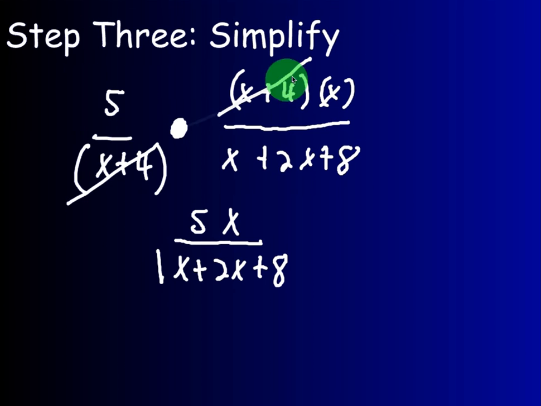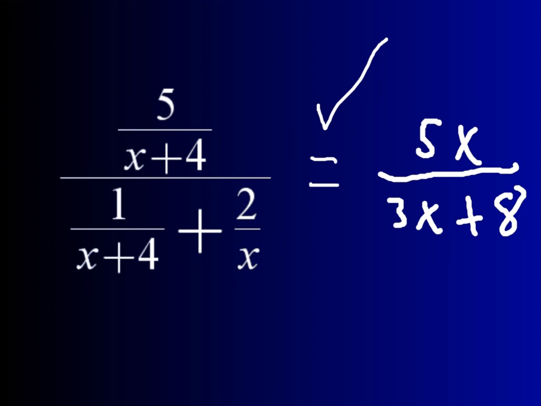So you can see right off the bat we can cross-cancel these x plus 4s because they're the same factor. And we're left with 5 times x on top, and then we still have the x plus 2x plus 8 on bottom. Like I said, if I had to do this again, I probably would have just combined the x and the 2x. And I finally did with this step. So x plus 2x is 3x. And that's our final answer, 5x over 3x plus 8.